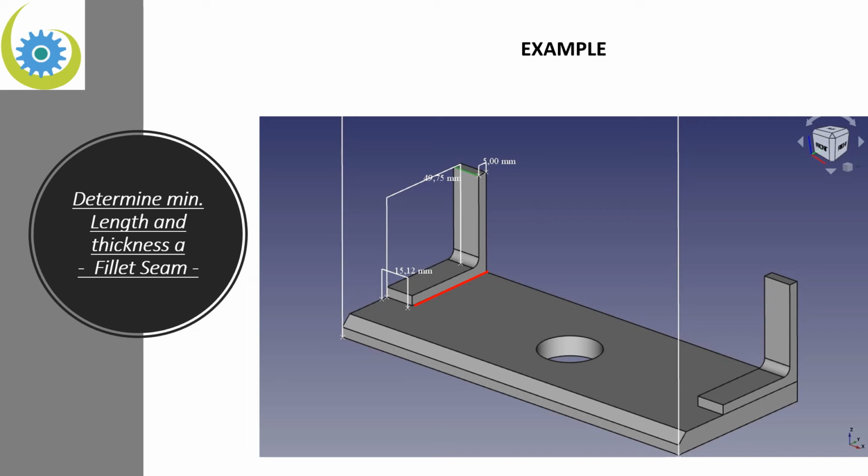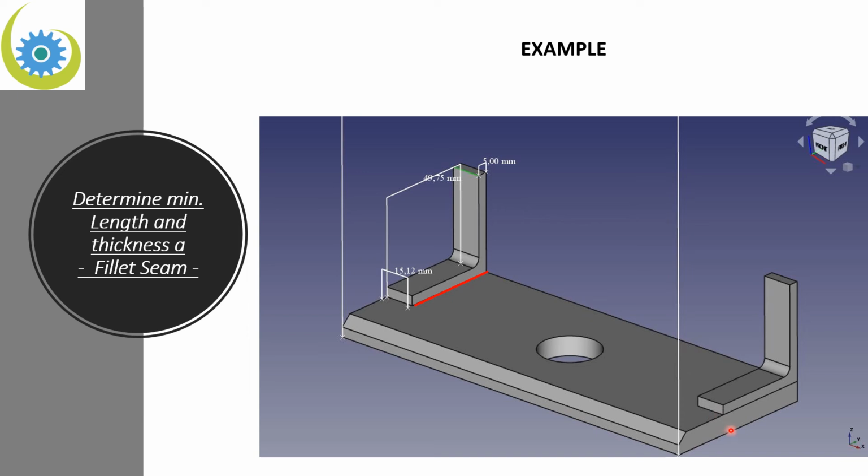So let us go with a simple calculation using an example. We want to determine the minimum length and the thickness A of our fillet seam. What we have here is a base plate with a thickness of 10.